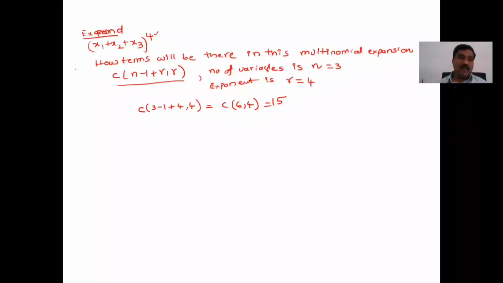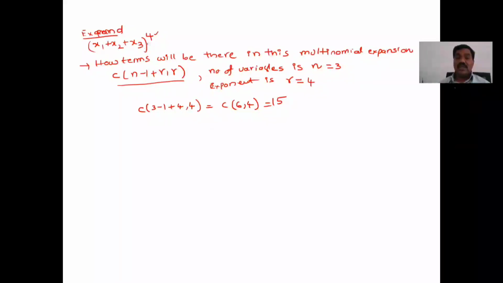So this is the first point in this multinomial expansion: first you should know how many terms will be there in this expansion. And what is the formula, my dear students? The formula is C of n minus 1 plus r comma r. N basically represents how many distinct variables are there in the multinomial expansion. If you see, these are the 3 variables, x1, x2, x3.